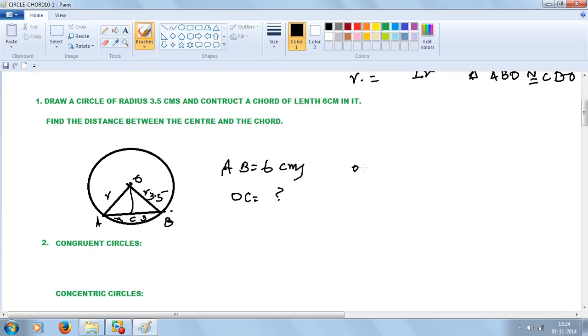OC is equal to the root of OB square, 3.5 square, minus CB square, 3 square.